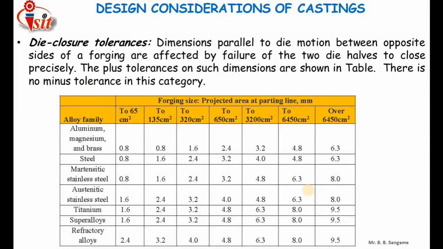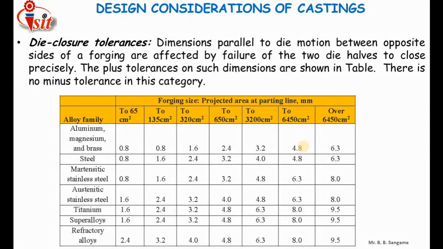Die closure tolerances: dimensions parallel to the die motion. In most cases the die motion will be vertical; vertical die motion is mostly preferred. The dimensions parallel to the die motion between opposite sides of the forging are affected by failure of the two die halves to close precisely.